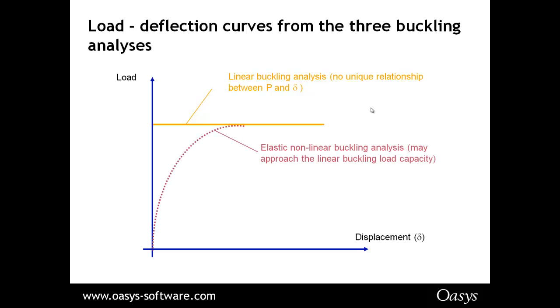With elastic non-linear buckling, you'll get the displacement gradually increase up to the buckling load, or nearly the linear buckling load. You might not get complete agreement between the linear and non-linear buckling, and if material non-linearity is taken into account, then the buckling load capacity will be much lower. So obviously you're getting plastic yielding of the structure.